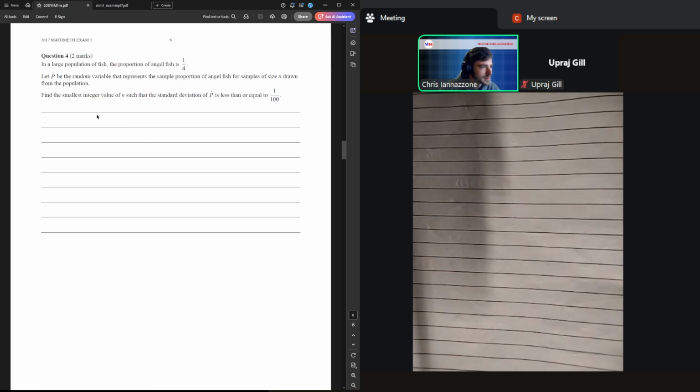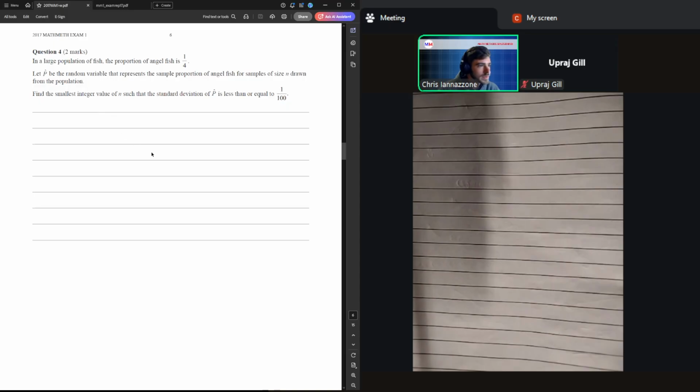Okay. Question 4. We've got the proportion being a quarter, p hat, so you know it's sampling and estimation. Find the smallest integer n such that the standard deviation is less than or equal to 1 in 100.